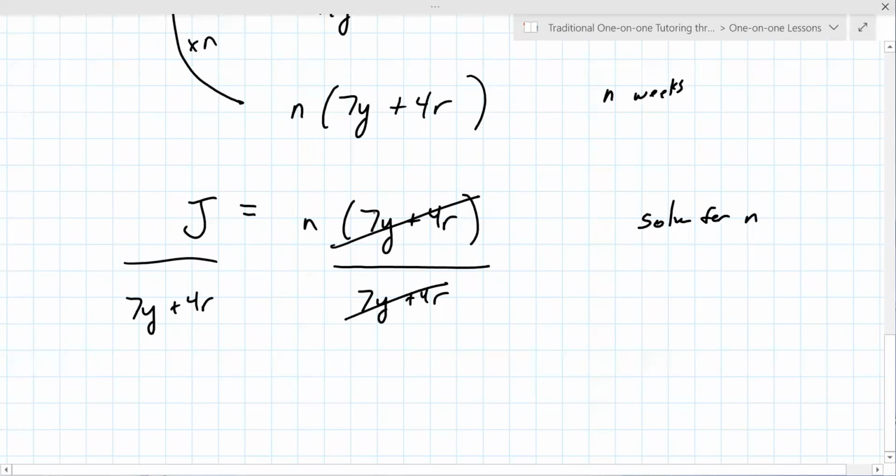If you divide the top and bottom by the same thing, whether it's a number or a variable, it goes away. Is that okay? Is that clear? Yes. So N is J over 7Y plus 4R.